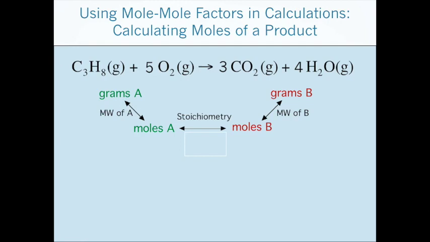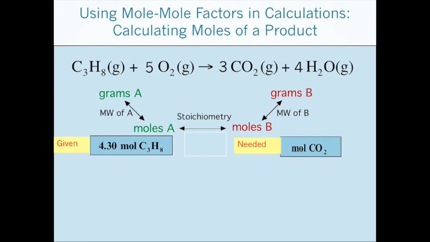So we take our stoichiometry flowchart, and we insert our givens into it. We're given 4.3 moles of C3H8. We need moles of CO2.